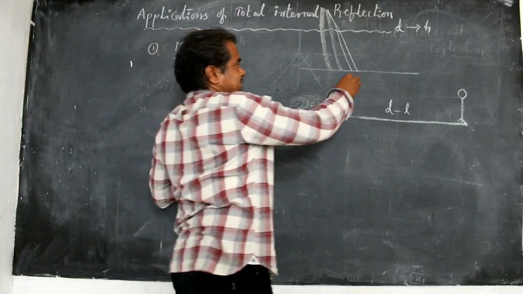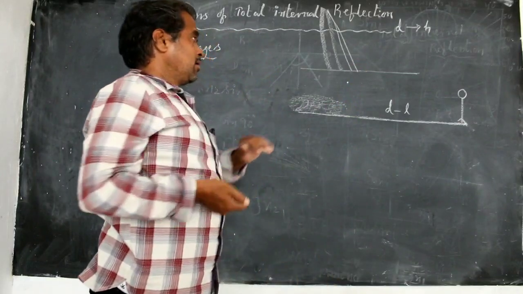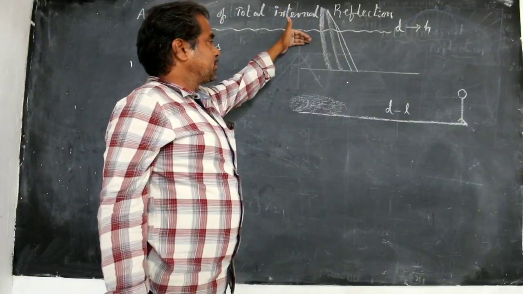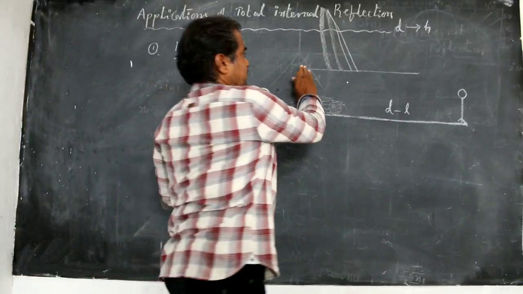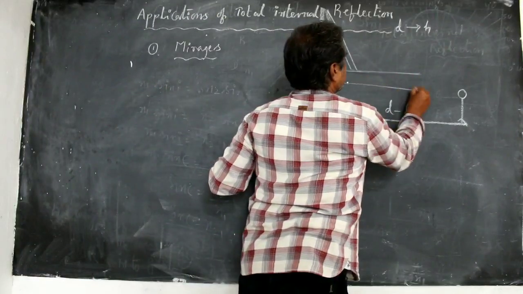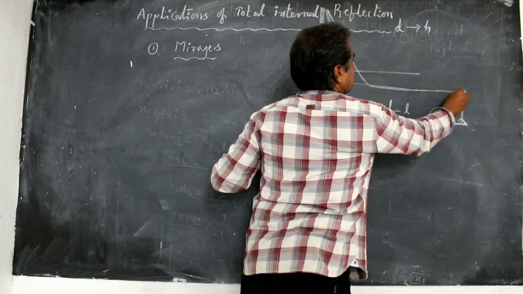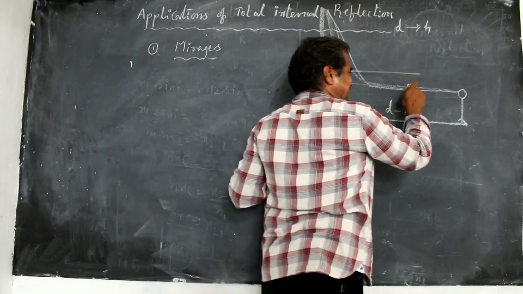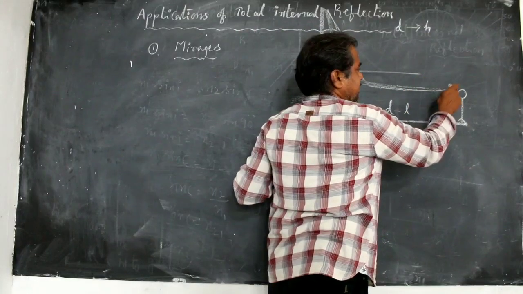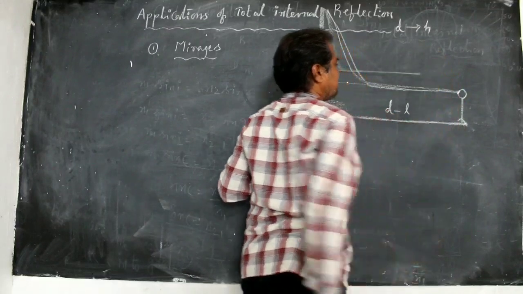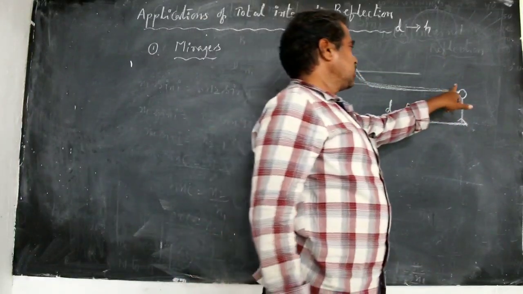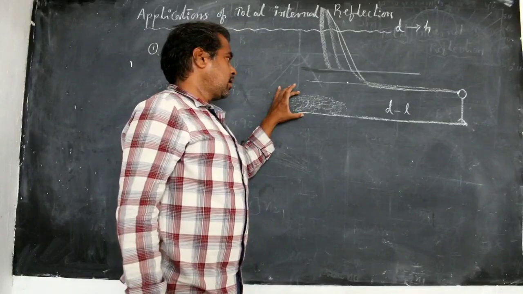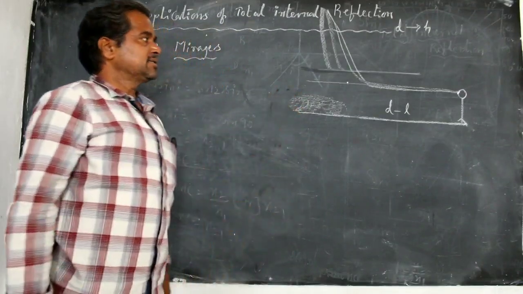Some of the light rays have an angle of incidence more than the critical angle of this particular denser medium. Those light rays get total internal reflection. Those internally reflected light rays reach the eye of the person traveling on the road. At that time he can see water deposits on the road at distant places.